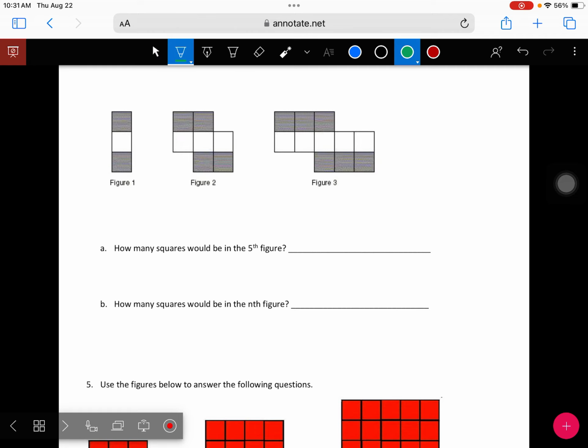What do you mean they go up by 4 each time? So figure 1 has 3 squares, you're saying, right? Figure 2 has 2, 4, 6, 7 squares. Figure 3 has 2, 4, 6, 8, 10, 11 squares. So he notices they're increasing by 4 each time.